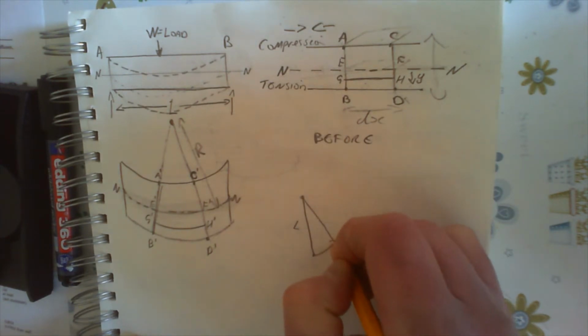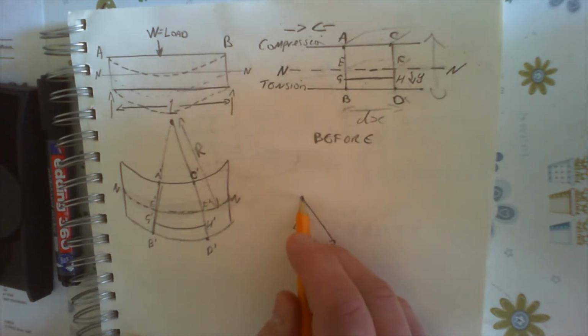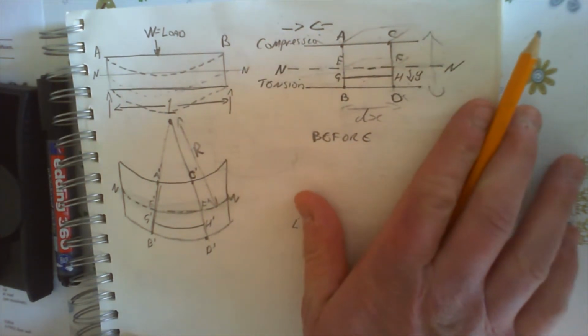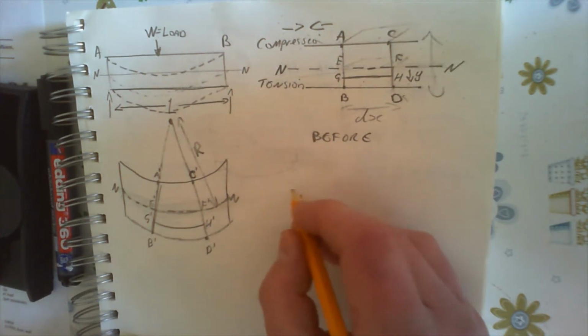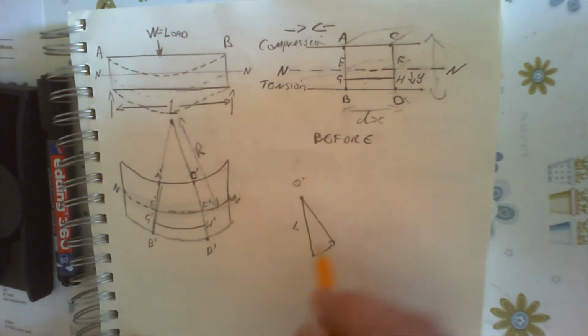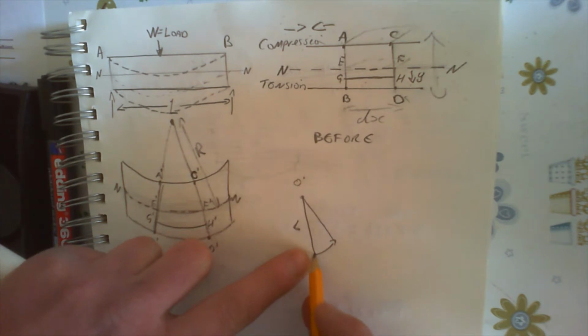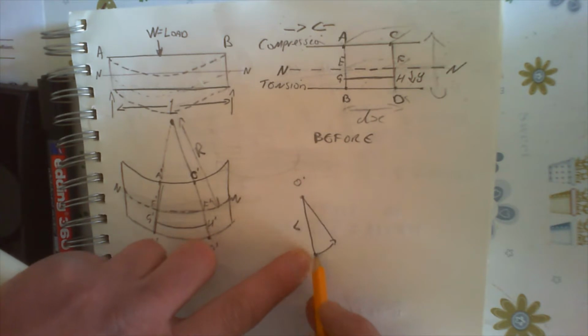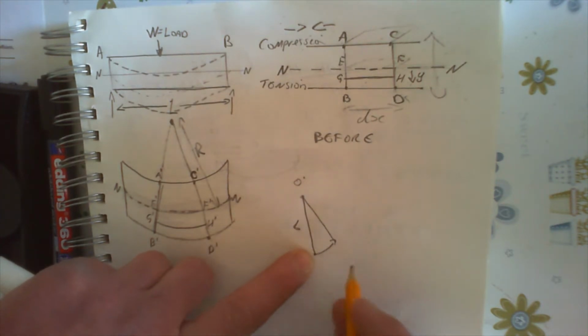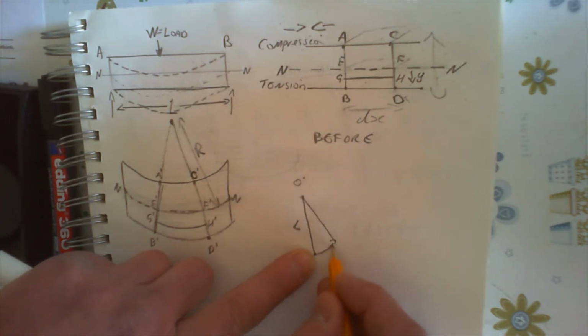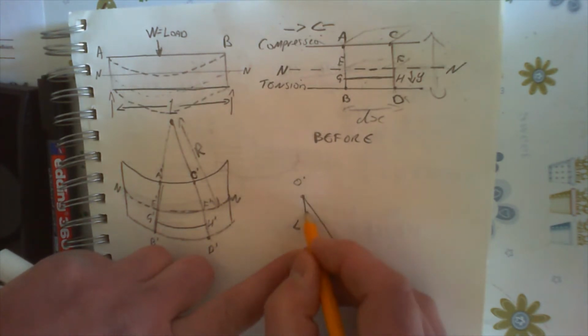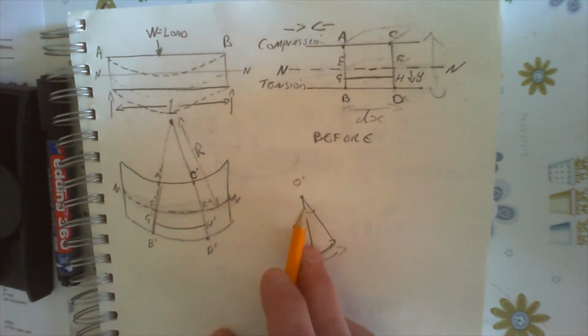When it's just a straight line, the angle here is 0, so the length of this arc is 0, because this hasn't moved anywhere. The more this goes round, the longer this distance gets, and it's directly proportional to the increase in the angle here.